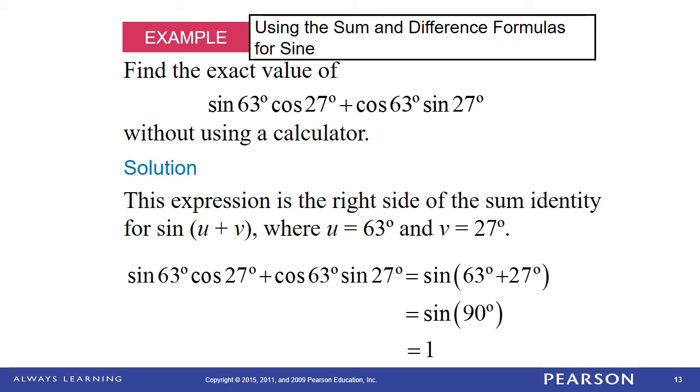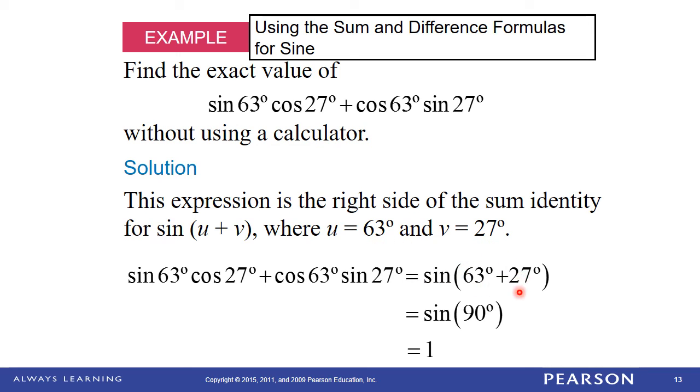And as you're looking at it, you say, you know what? Isn't this really just the sum formula for sine? And if this is the sum formula for sine, how about if I just add these two angles together, see what I get? So we bring it down here, and you say, that fits this formula from earlier. So I'm going to take the first angle plus my second angle.